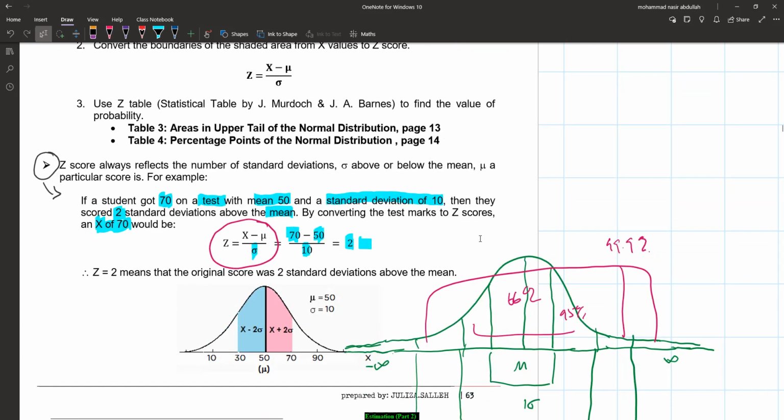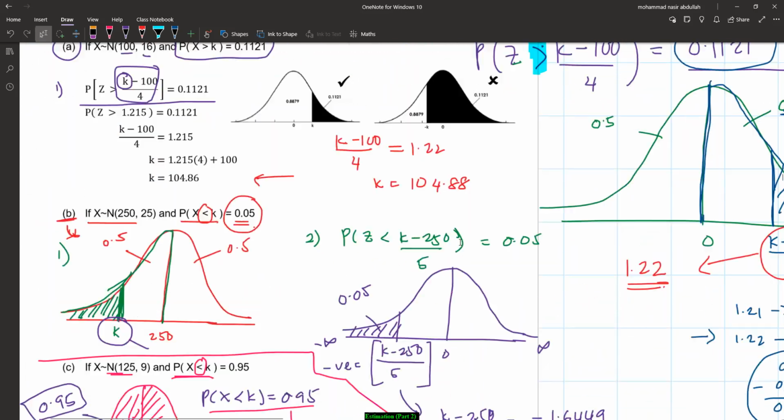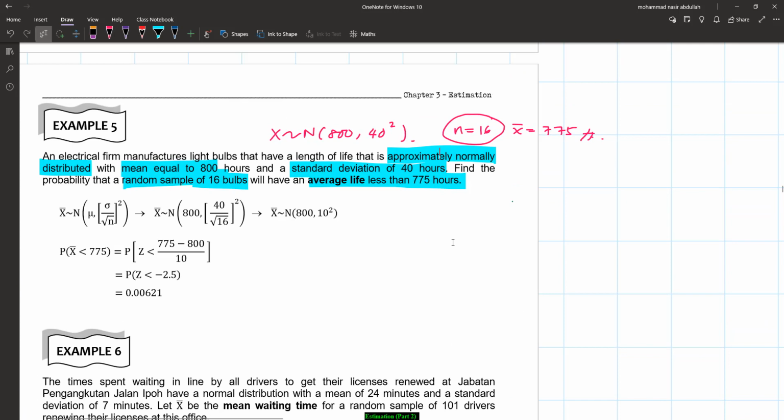So the sampling distribution of the mean is normal with mu equal to 800 and variance equal to 40 squared, n is equal to 16 and the average is equal to 775.